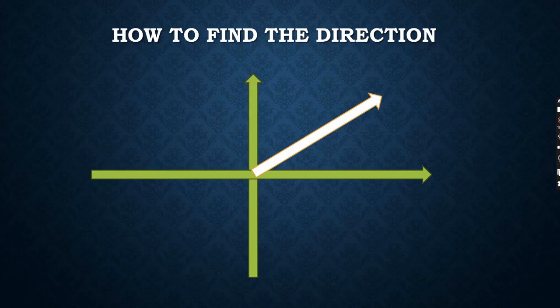Okay, so now I come to the other part on how to find the direction of a vector. How can you find the direction of a vector? Here's how to go about it.